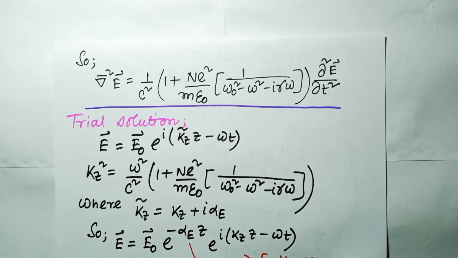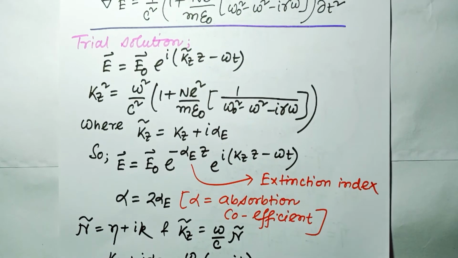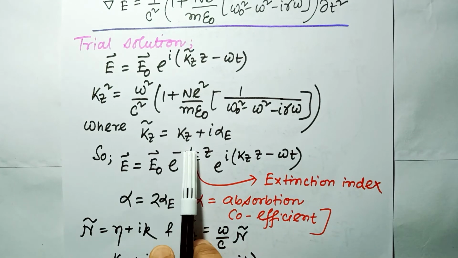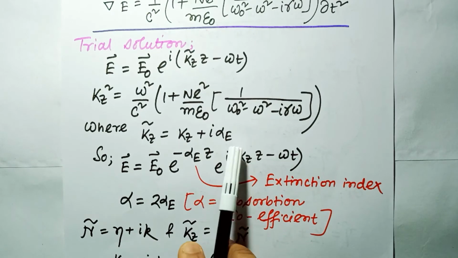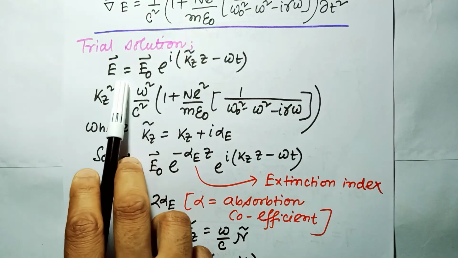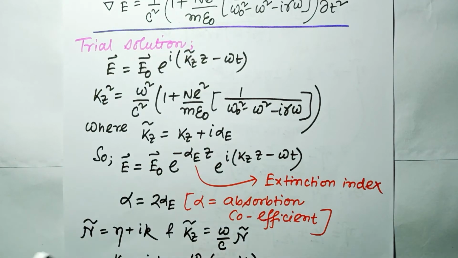Now as I have chosen kz to be complex, I can write kz as the real part of kz plus i alpha e, where alpha e is the imaginary part of kz. Putting this into the electric field expression, E vector is equal to E0 vector times exponential minus alpha e z times exponential i kz z minus omega t.